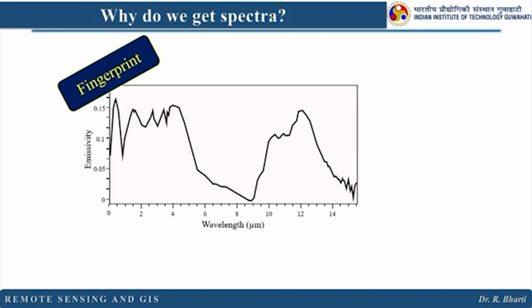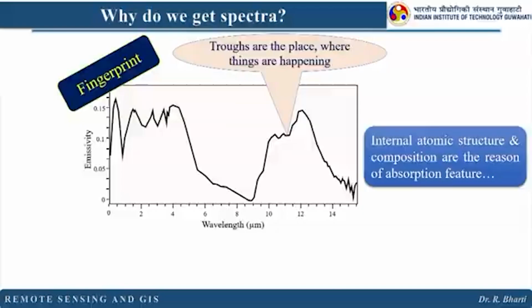In remote sensing we are capturing this information. Internal atomic structure and composition are the reason for the absorption features. Remember this: because of the internal atomic structure and the composition, you have this kind of features.